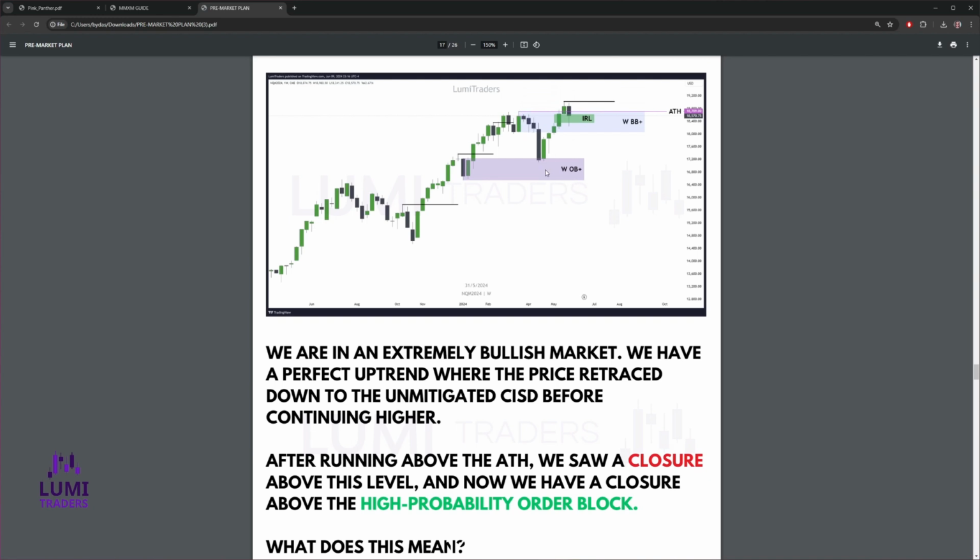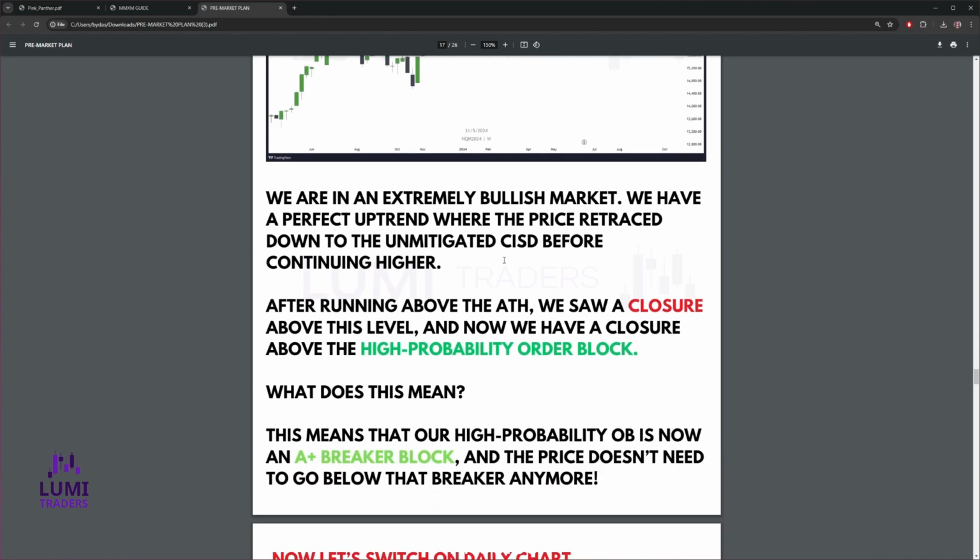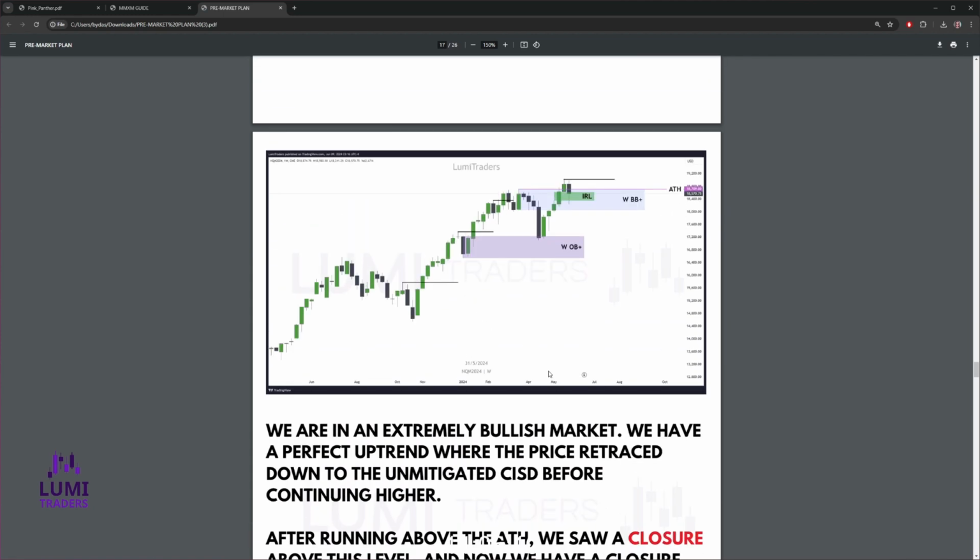Because with this move down, all we needed here is just to mitigate this order block right here, discount order block, to continue going higher. What does it mean? This means that our high probability order block is now a high probability breaker block, and the price doesn't need to go below that breaker block anymore.